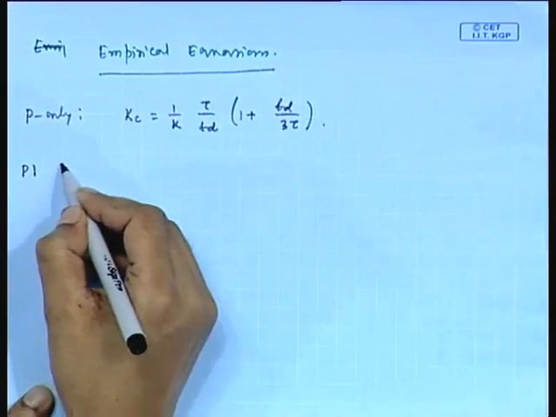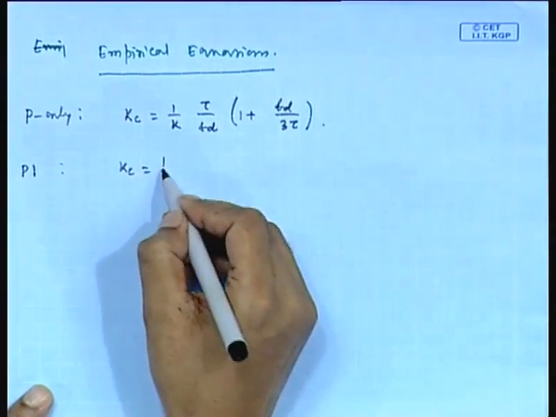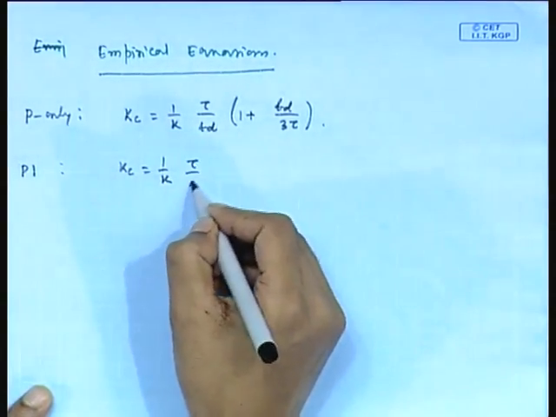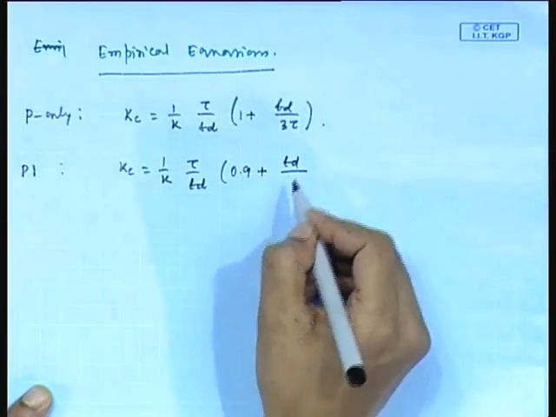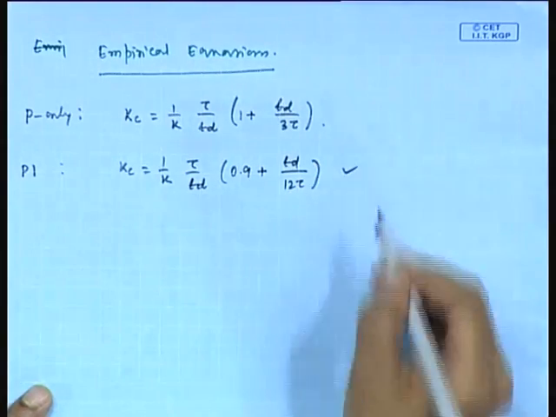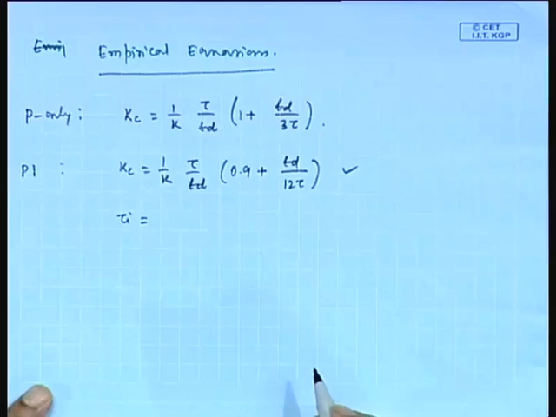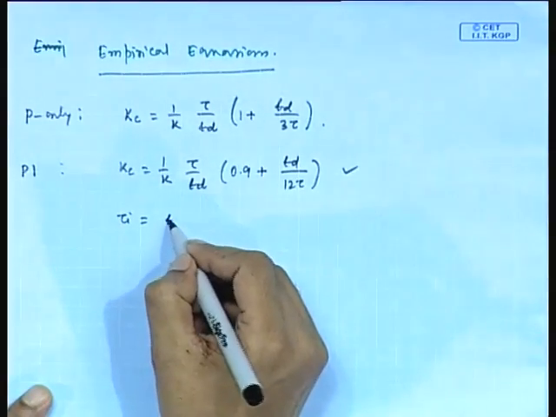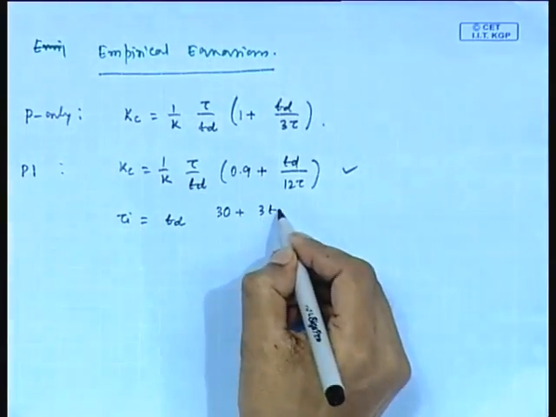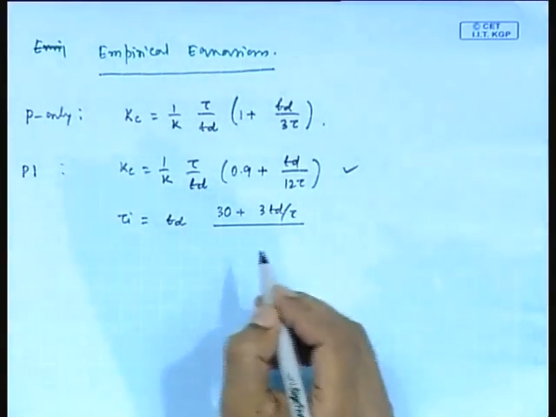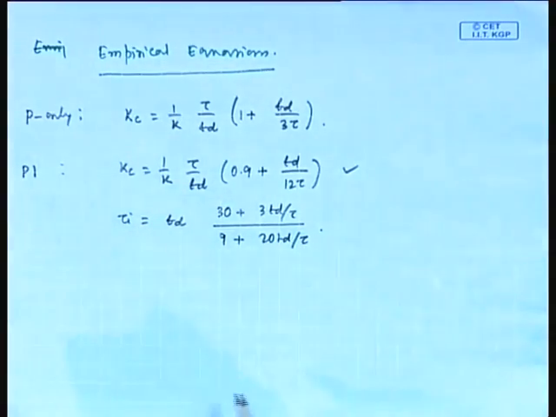For PI controller they got two equations, one for Kc, another for tau I. This expression they got for Kc, and for tau I they obtained tau I equals Td (30 plus 3 Td by tau) divided by (9 plus 20 Td by tau).